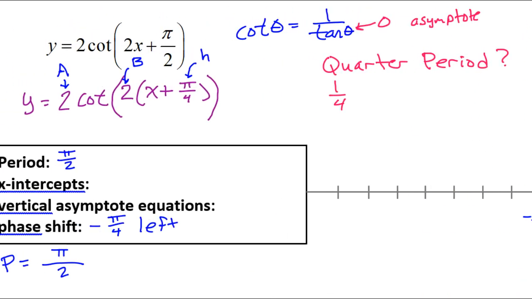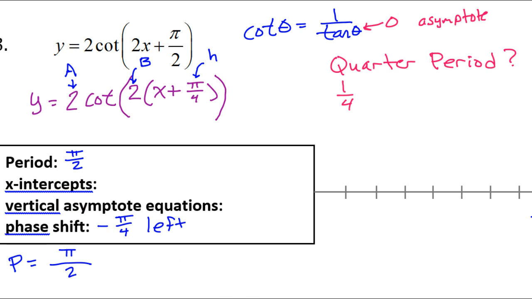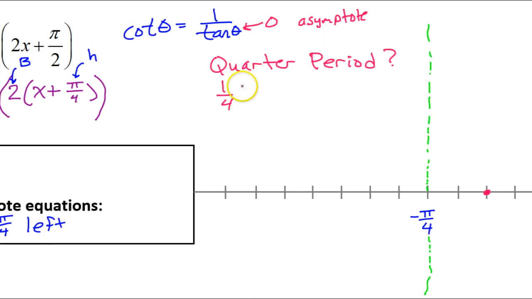Again, if the period is pi over 2, then 1/4 of the period will be 1/4 of pi over 2, which is pi over 8. That means each one of these little marks is increasing by pi over 8.